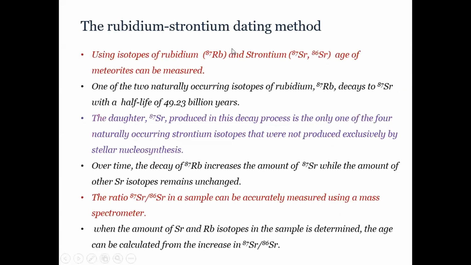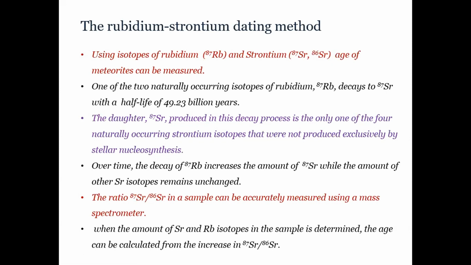Using the isotopes of rubidium and strontium, rubidium-87 and strontium-87 or 86, the age of meteorites can be determined. Rubidium-87, one of the two naturally occurring isotopes of rubidium, decays into strontium-87 with a half-life of 49.23 billion years.